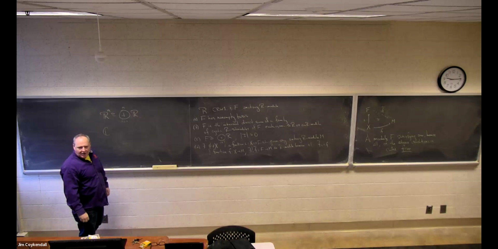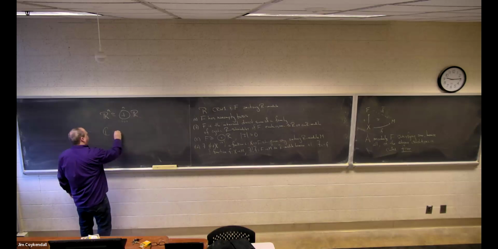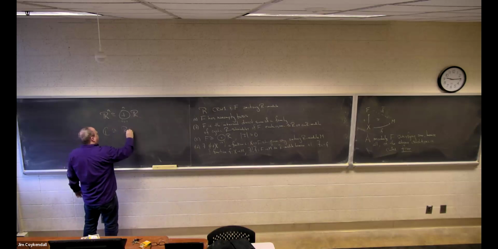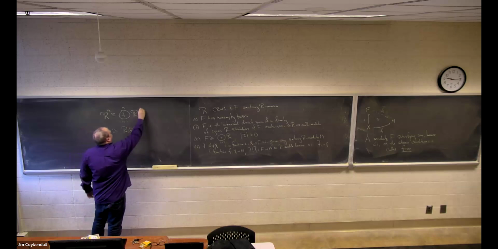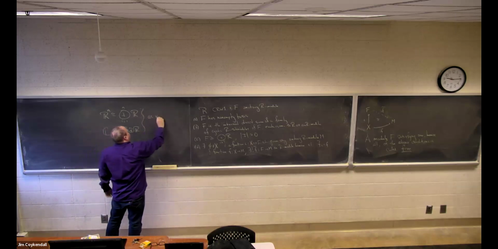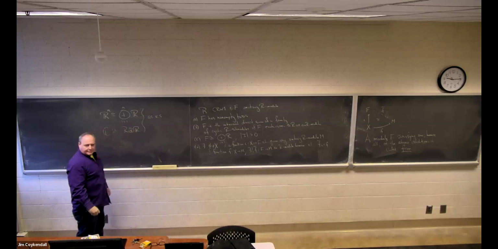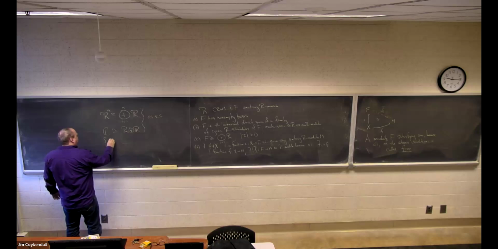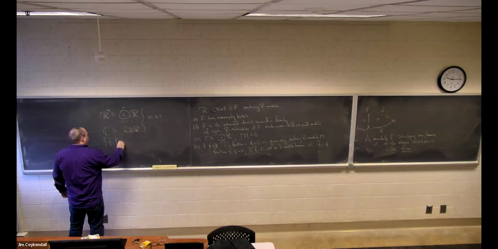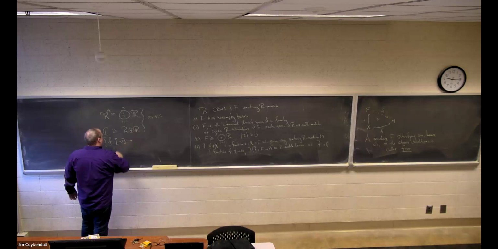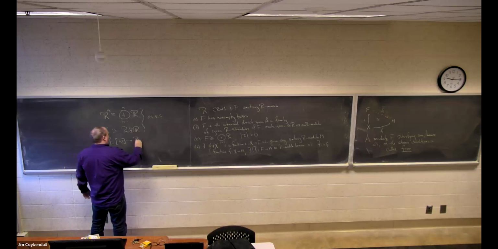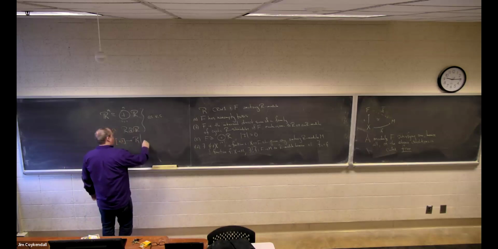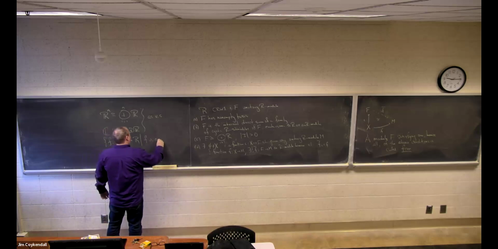C is a complex, real vector space. Consider the set of F from 0,1 into R such that F is continuous.